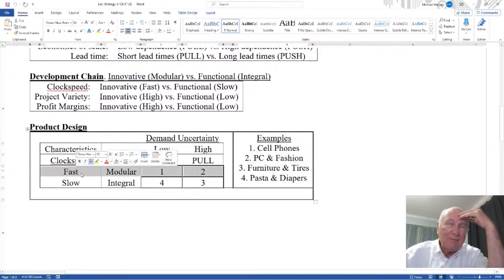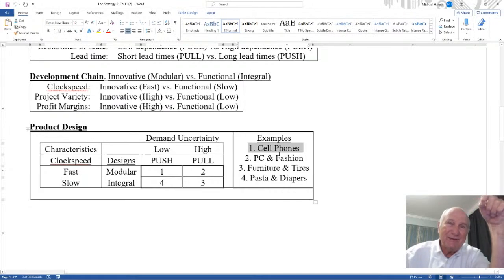And so these are examples that were given for either low demand uncertainty for push, high demand uncertainty for pull, because things change very quickly. And cell phones, the uncertainty is pretty consistent right now because of their design of their product offering. They tie you in. They'll tie you into an Apple. They tie you into an Android.